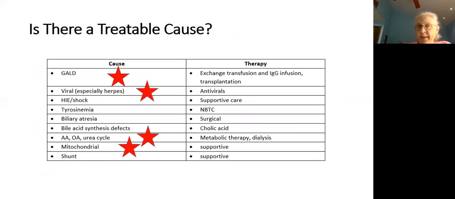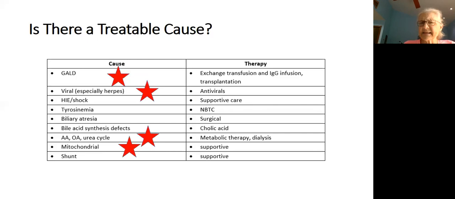I also think about, is there a treatable cause? So GALD, or gestational alloimmune liver disease, is very treatable, and you need to treat it quickly if you're going to save this baby. So I think about that. Viral infections, especially herpes, are also treatable. Some of the metabolic defects, amino acid or organic acids, are treatable.